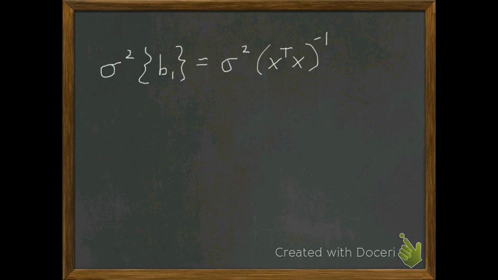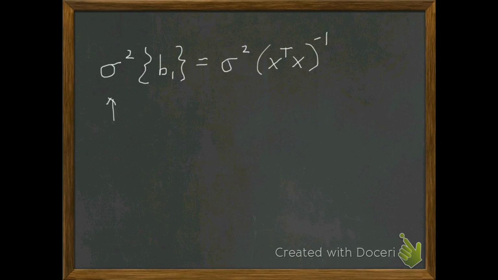It turns out that the standard error of B0 and B1 is sigma squared times X transpose X inverse.